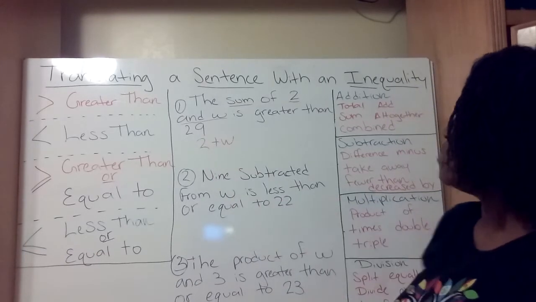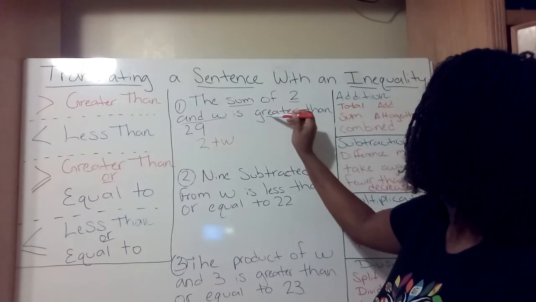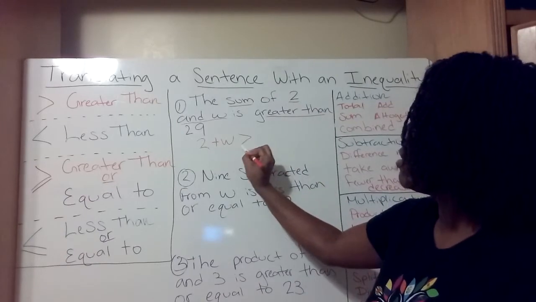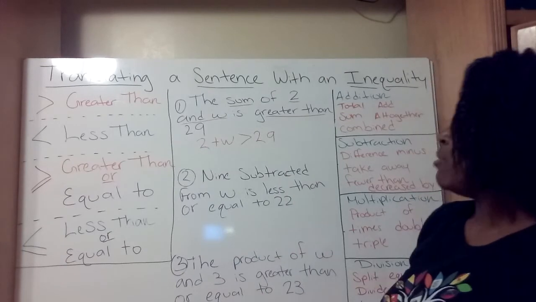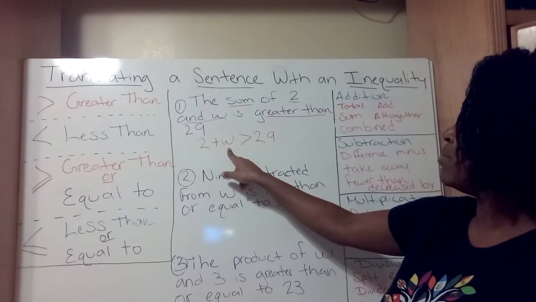There's the sum of 2 and W is greater than 29. And there's the next part, greater than 29. So there I know to use my greater than symbol and 29. So I know W has got to be at least like what, 28?